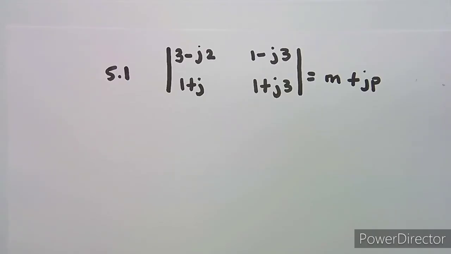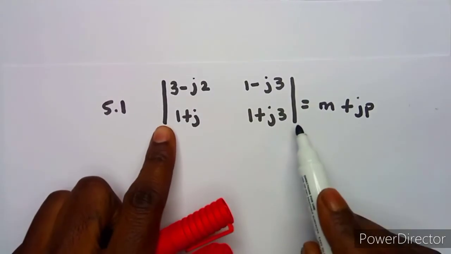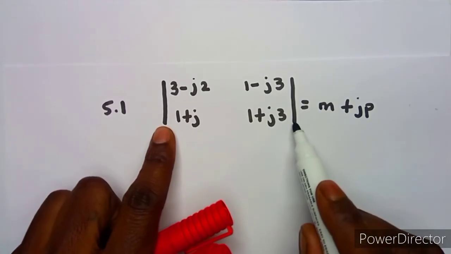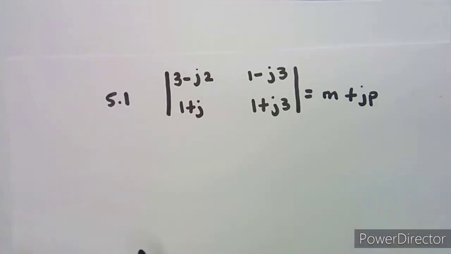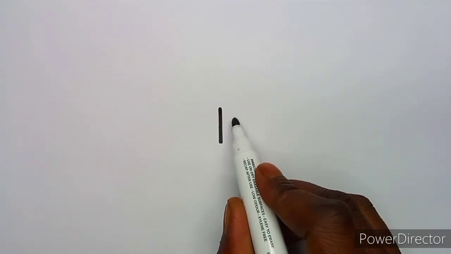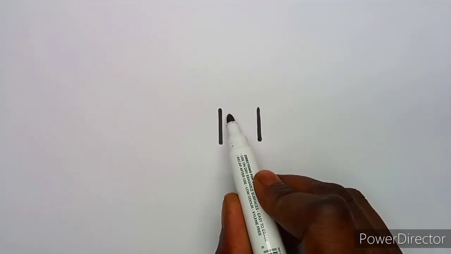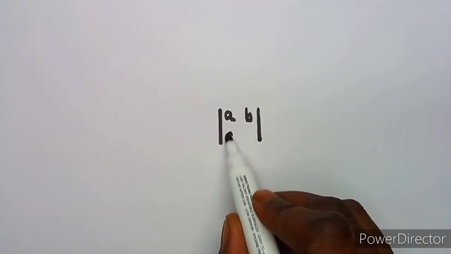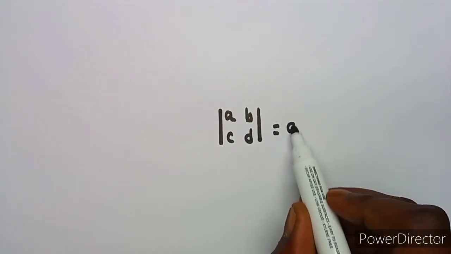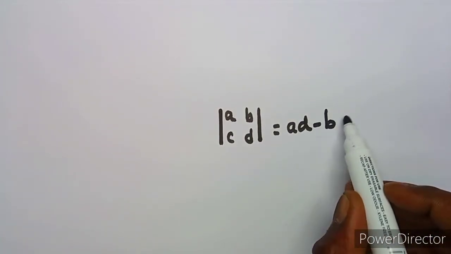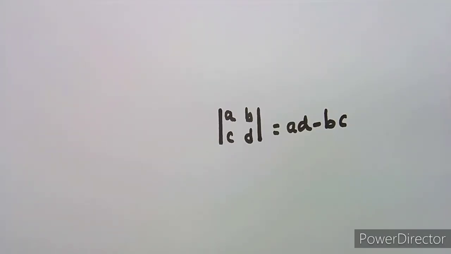Whenever you're given such type of a question, these two lines, I told you that they represent determinants. Okay, these two lines represent determinant, where we know that the determinant of a 2 by 2 matrix, if this is A, B, C, D like this, is going to be AD minus BC. So that's the determinant.